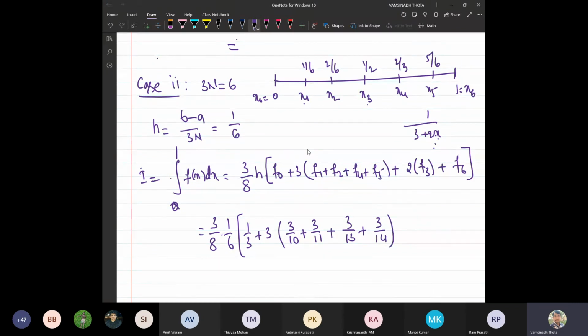Have I made any mistake here, or is it fine? I think it is fine. And then 2 times the value of f at 3, so that is 1 by 2, the 2 will get cancelled, so that is 1 by 4, plus f6, that is 1 by 5.